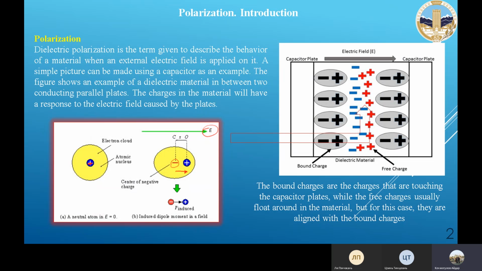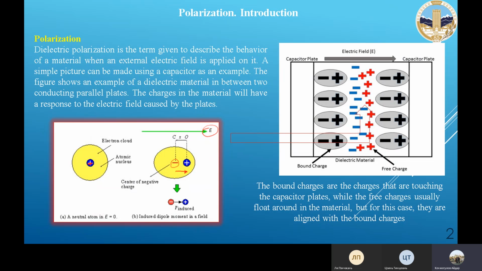When an electric field interacts with the dielectric material, the dielectric material will respond with a shift in charge distribution, with the positive charge aligning with the electric field and the negative charge aligning against it. By taking advantage of this response, important circuit elements such as capacitors can be made.